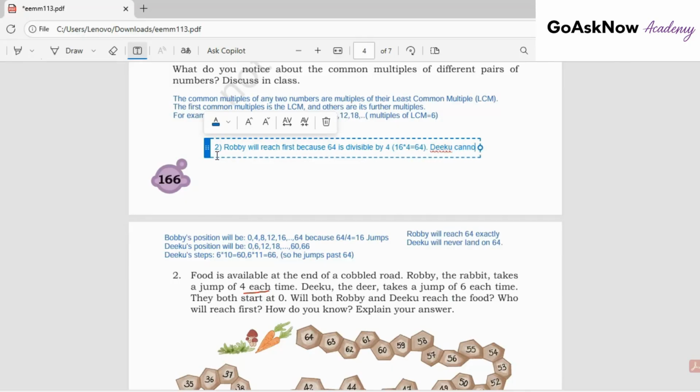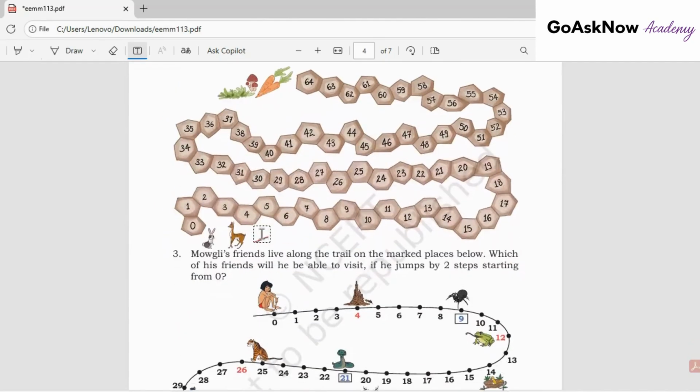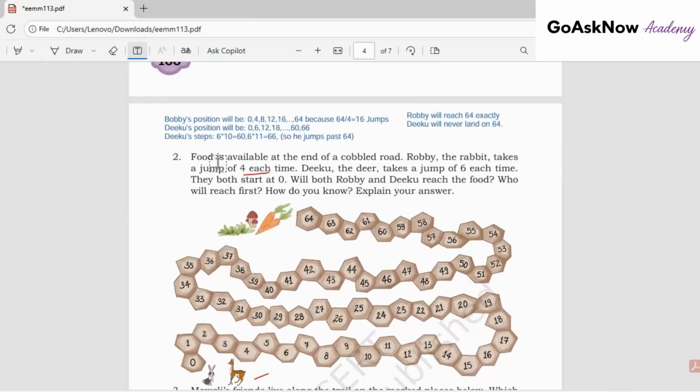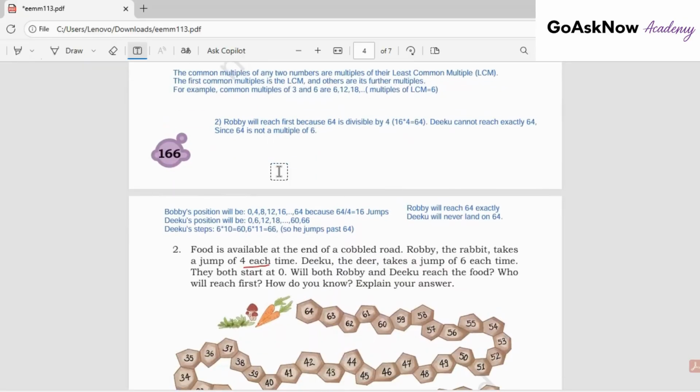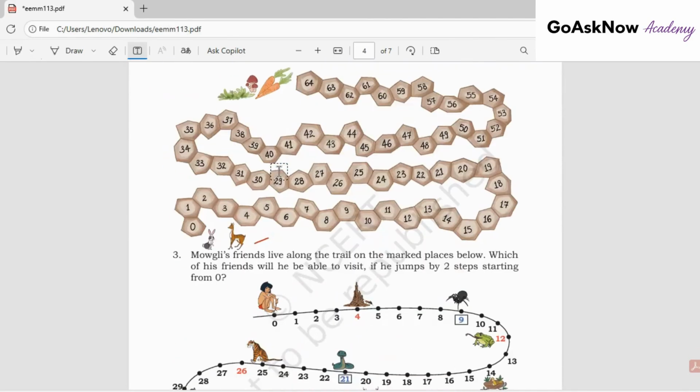Deepu cannot reach exactly 64 since 64 is not a multiple of 6. Okay, this is the answer for the second question. Only Ravi will reach first. Deepu cannot reach exactly 64.